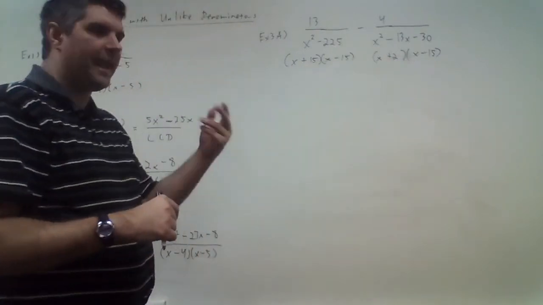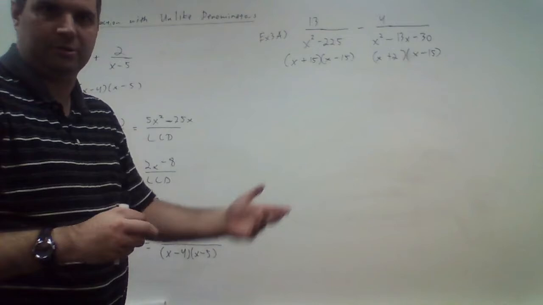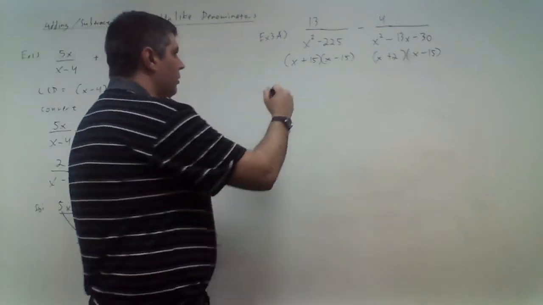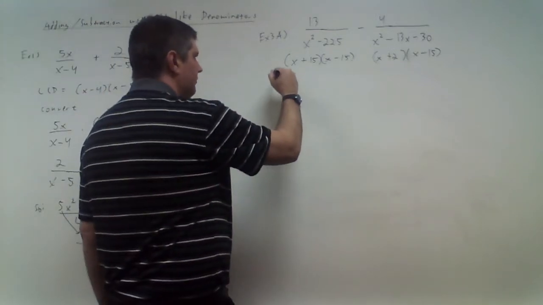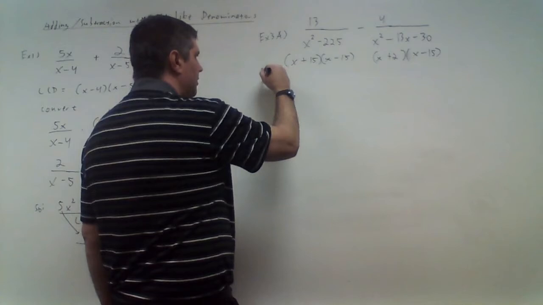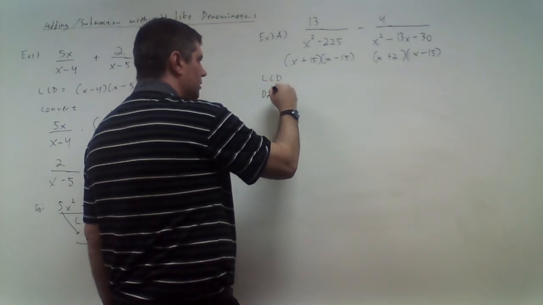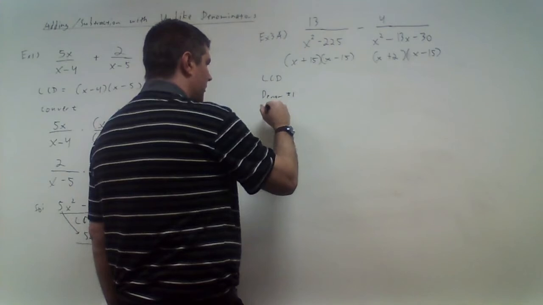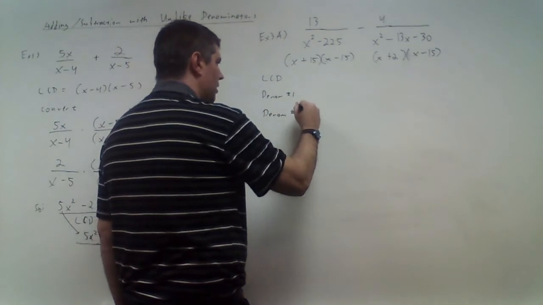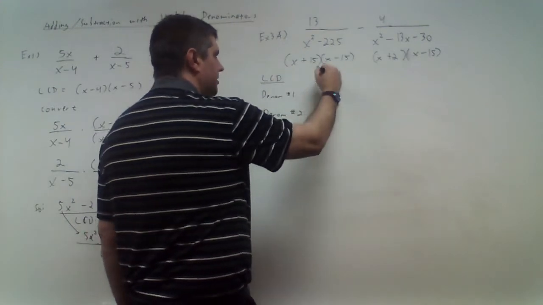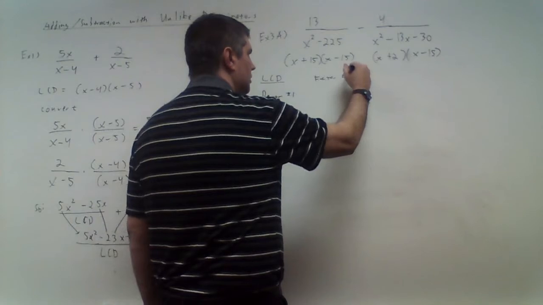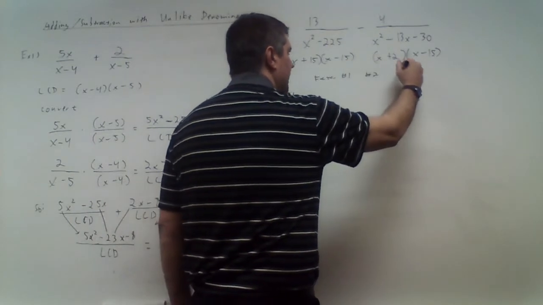So this is the case C of LCDs that I was talking about. So to find the LCD, we're going to have to do denominator number 1, denominator number 2, factor number 1, number 2, and number 3.